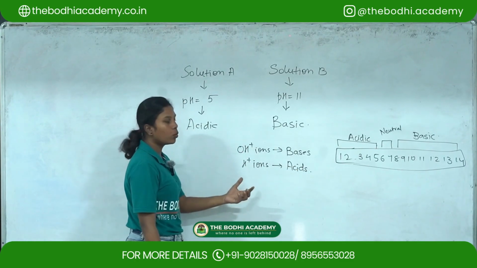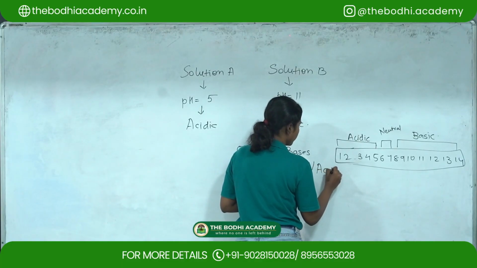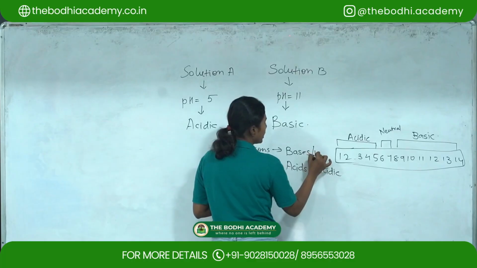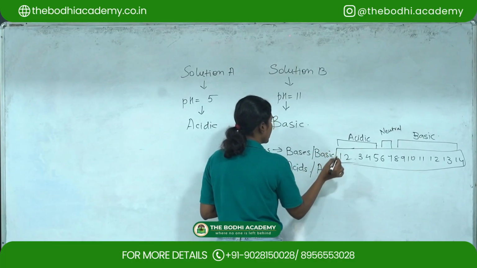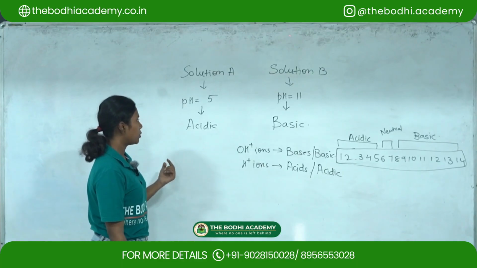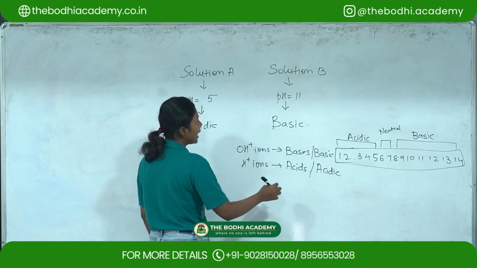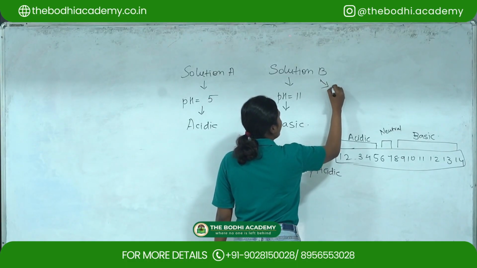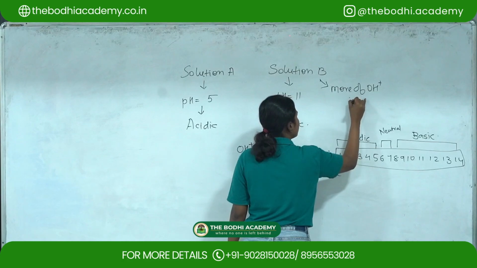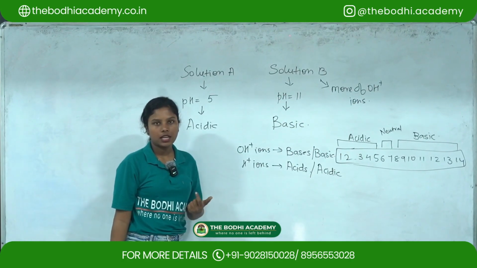So whenever there are more H plus ions, we call it an acidic solution, and whenever there is a presence of more OH ions, we call it a basic solution. Now in this case, which of them is going to have more OH plus ions? Obviously the one which is more basic will have more OH plus ions. So solution B is going to have more OH plus ions, whereas solution A will have more H plus ions.